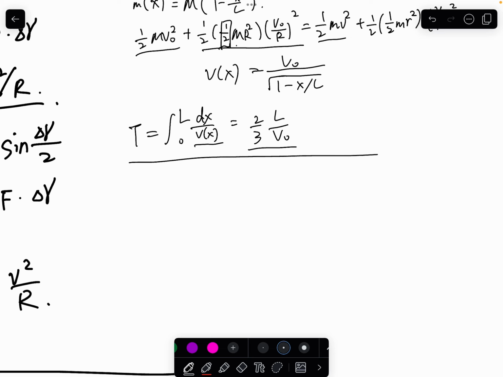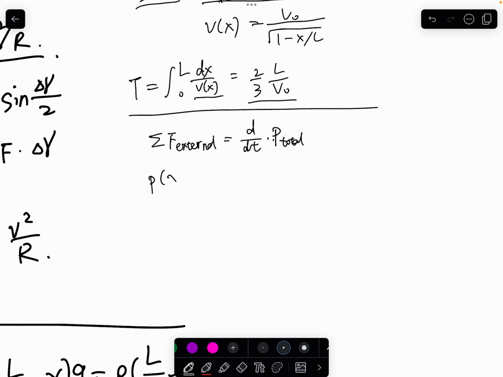According to Newton's second law, the sum of F external equals the derivative of the total momentum, right? So P, the momentum, equals M times V, right? And clearly as x increases, P decreases.